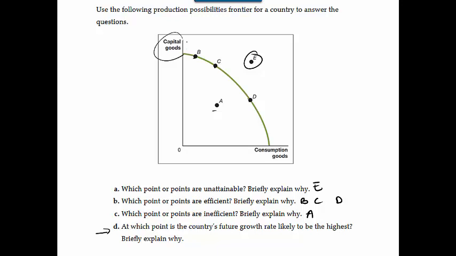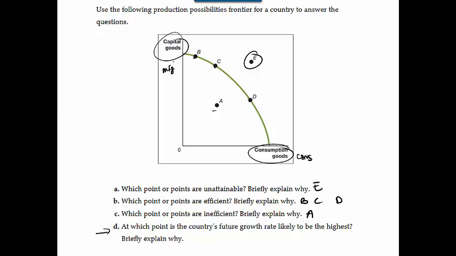Now, if we look at capital goods, these are things related to manufacturing, property, plant, equipment, technology, that kind of stuff. And then consumption goods are consumer goods, things that consumers are going to use. So at which point is the future growth rate likely to be higher? If we're just producing consumer goods, those are not things that are aimed at our long-run growth.